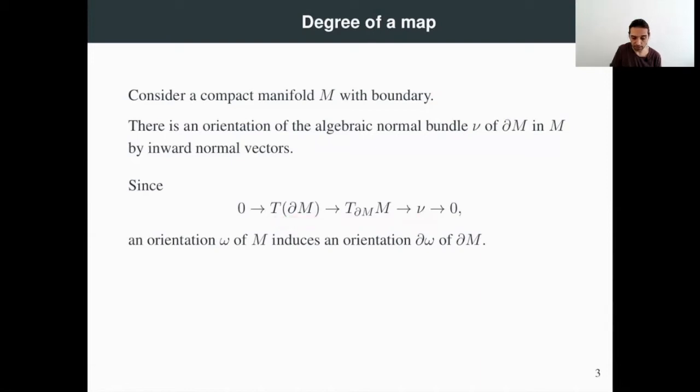And we have fixed omega, the orientation of nu by inward normal vectors, that's going to induce an orientation partial omega of the boundary of M, right?